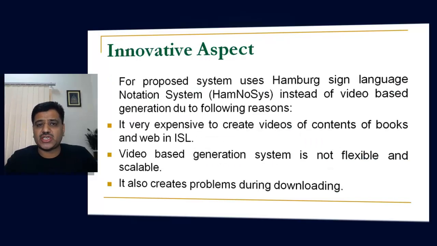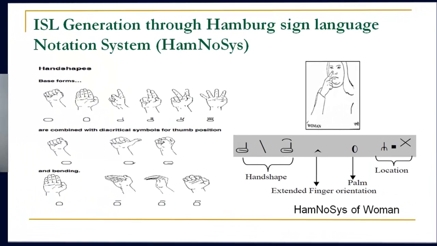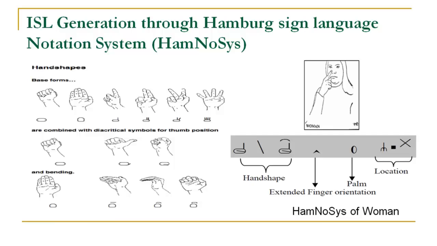This proposed project uses the Hamburg Sign Language Notation System, known as HamNoSys, for the development of signs. Instead of relying on videos, which are static and expensive to generate, we are using HamNoSys to generate sign language. HamNoSys is a writing language where each sign is converted to a corresponding notation.